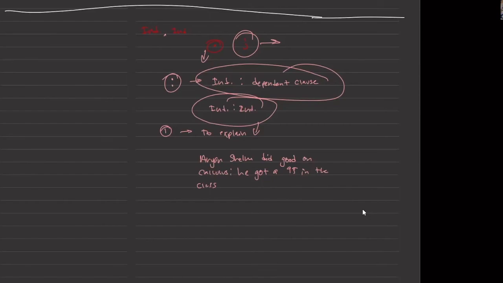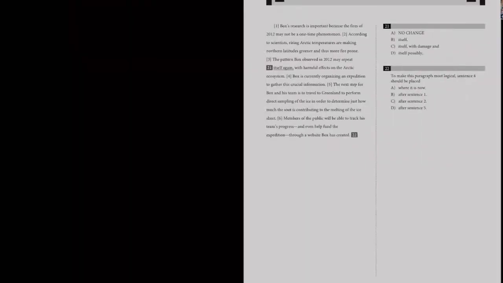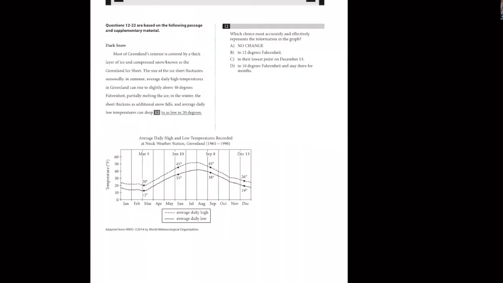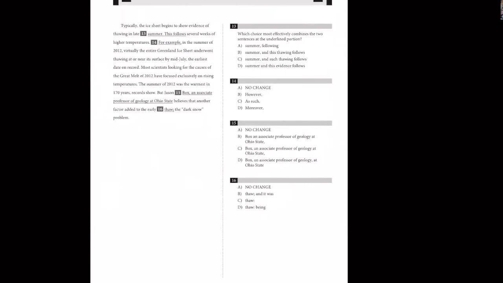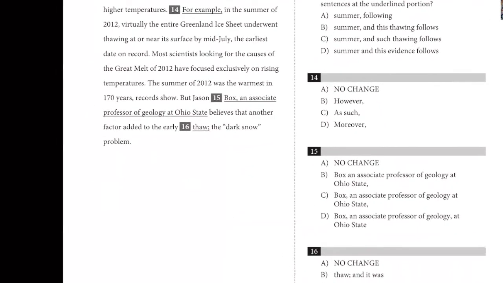The second use would be to define something. So over here, it says, but Jason Box, an associate professor of geology at Ohio State, believes that another factor added to the early thaw, right? So this is an instance in which it provides an example, the thaw.